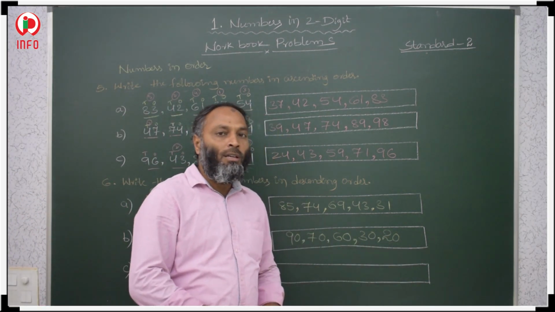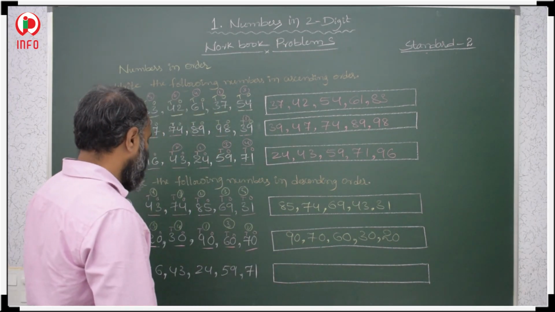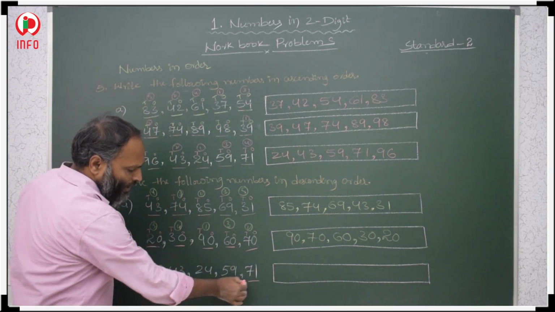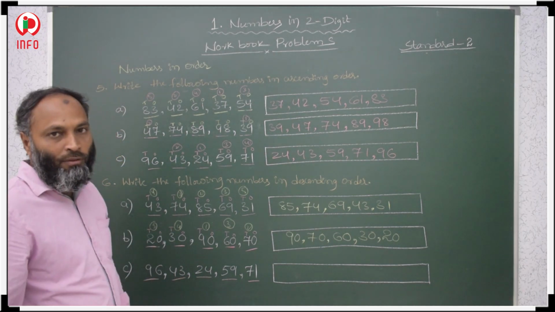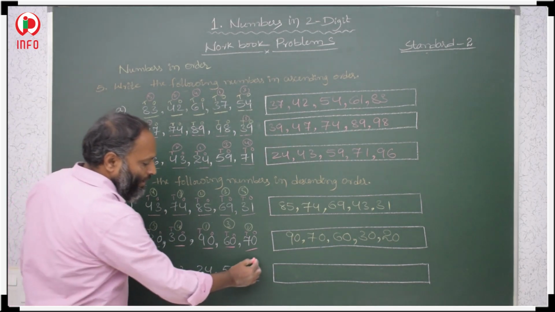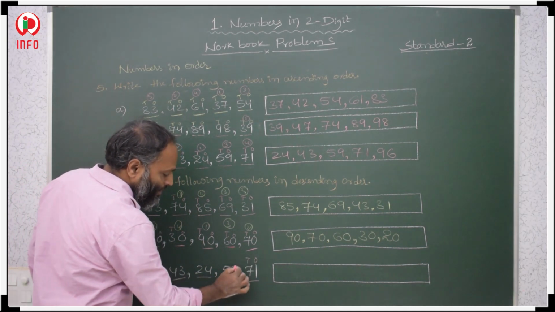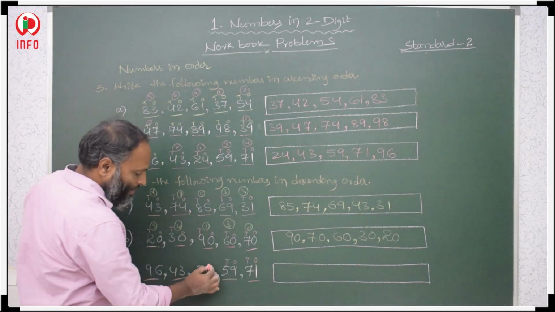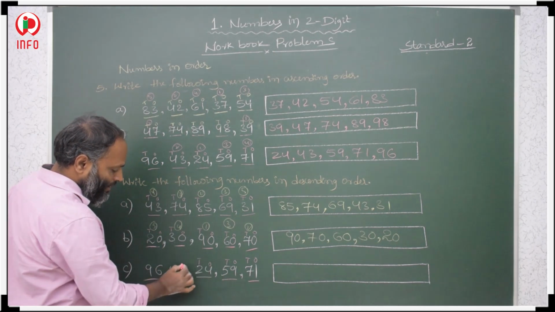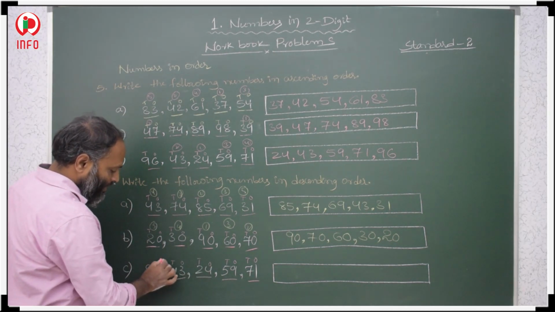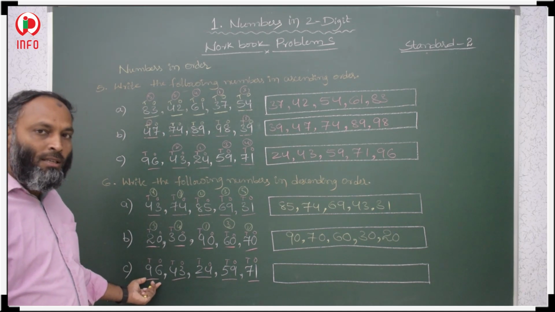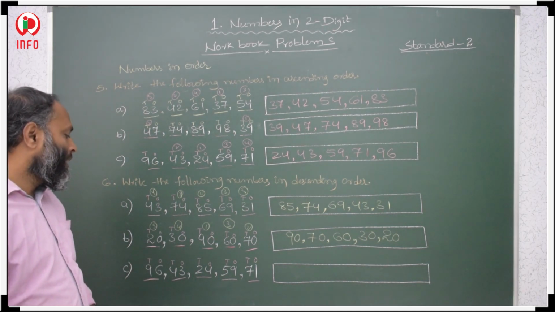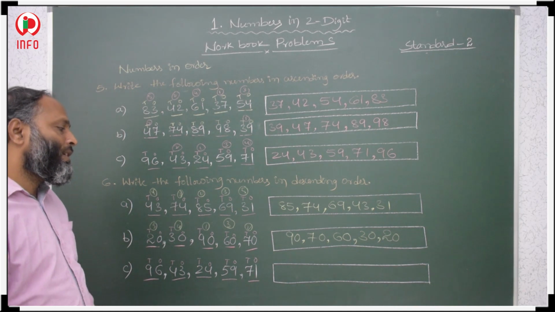The last, question C, is 1, 2, 3, 4, 5. 5 numbers are given, with ones place and tens place. Now we have to check which one is bigger.